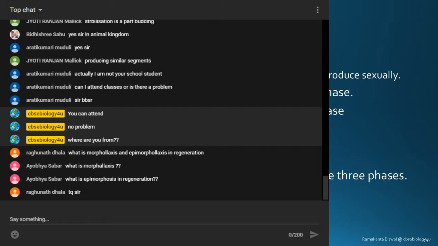Somebody's asking, what is epimorphosis in regeneration? Epimorphosis is basically the regeneration of a specific tissue or specific part of an organism, and it involves specialized cells and extensive cell proliferation of the body cells, also known as the somatic cells, then de-differentiation and reformation, and it also leads to something called blastema formation.